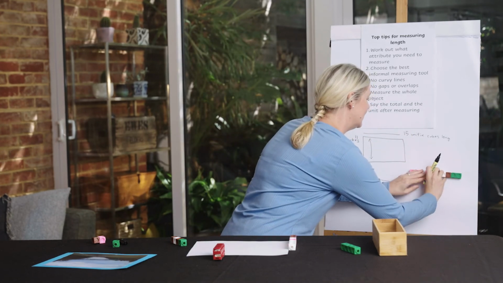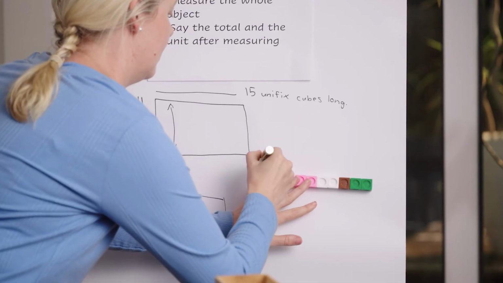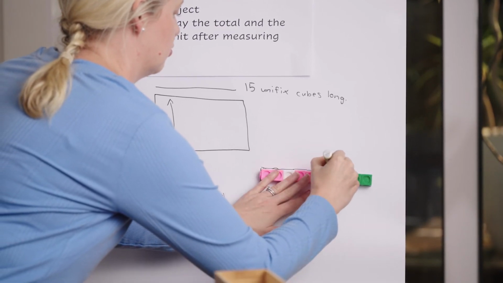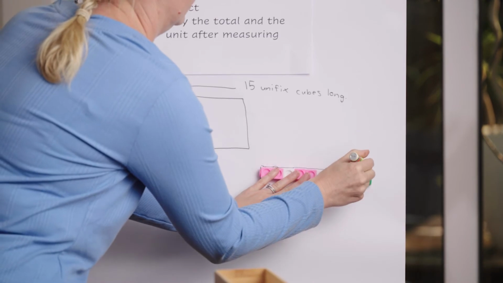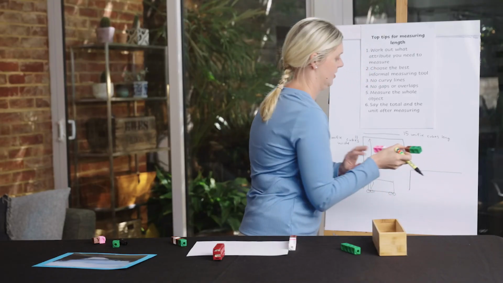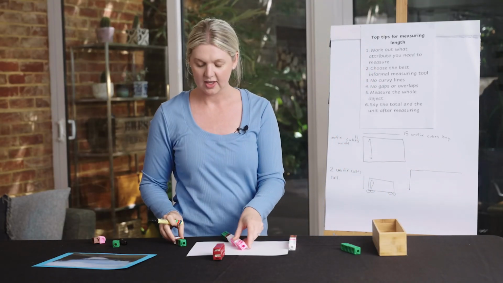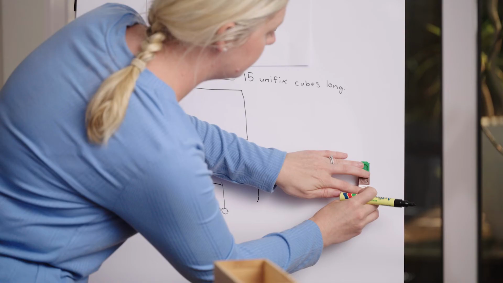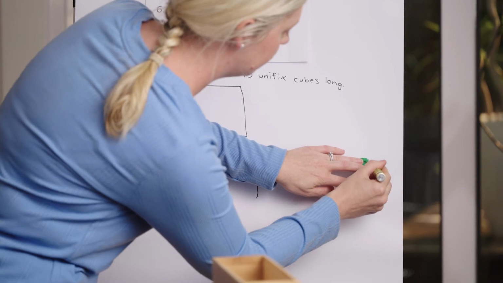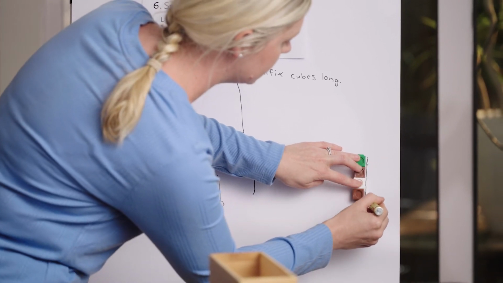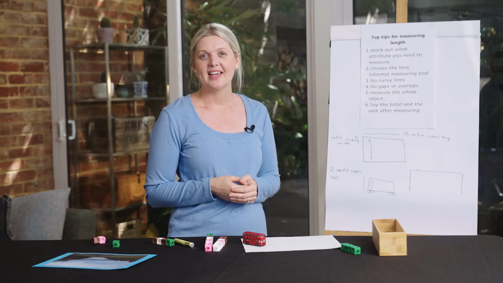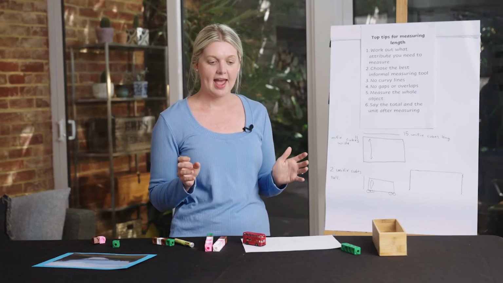I'm going to place them there and very carefully draw. A little bit more. Okay, and to make sure we're accurate, let's use our Unifix cubes again to do the other side. And that's my bridge.